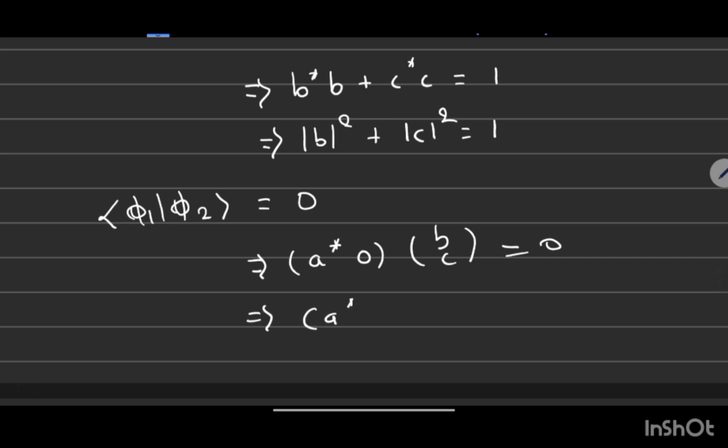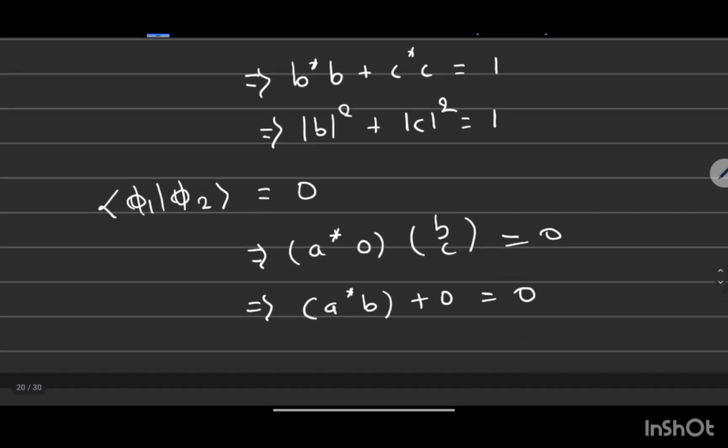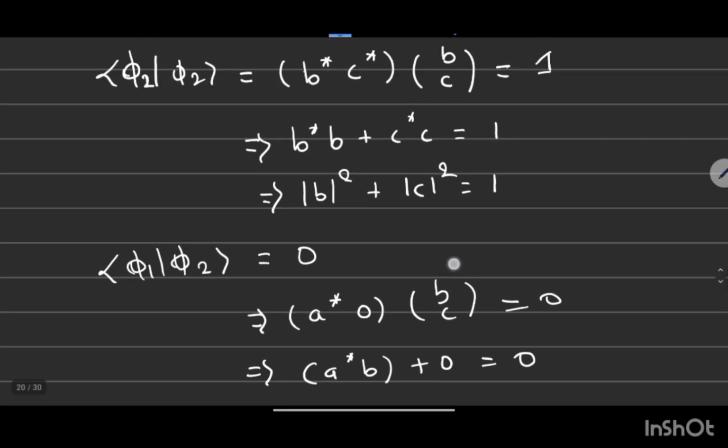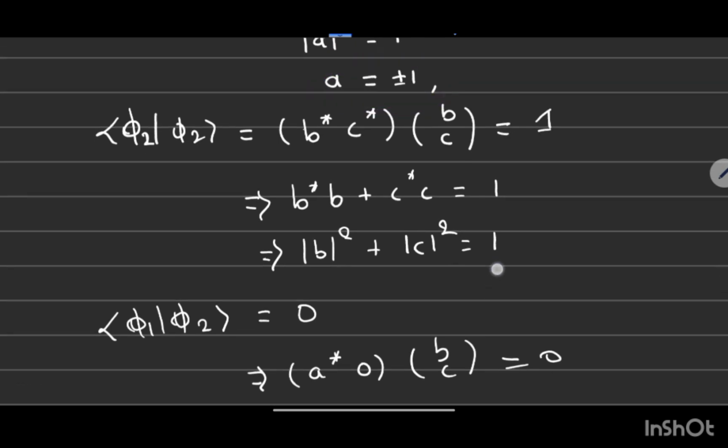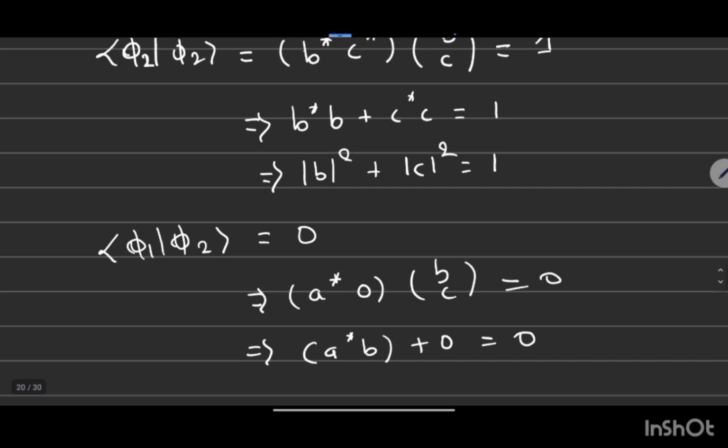If you apply this condition, you get A star 0 times B C, that should be equal to 0. So A star B plus 0 should be equal to 0, which means the product of A star and B should be equal to 0, but we already found that A is plus or minus 1. So the only possibility is that B itself is 0.